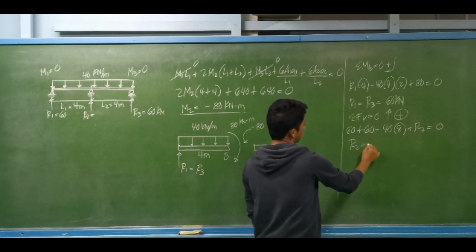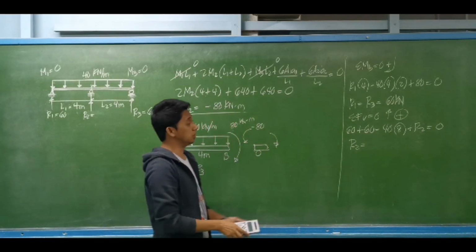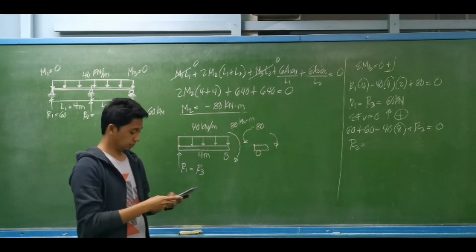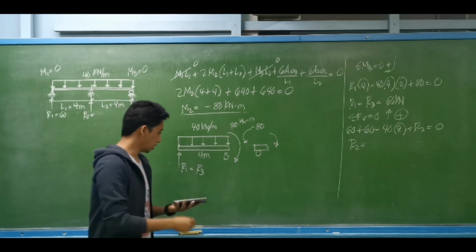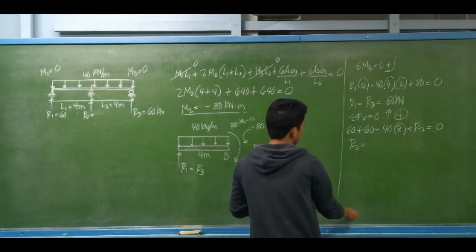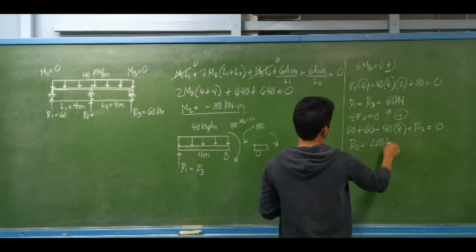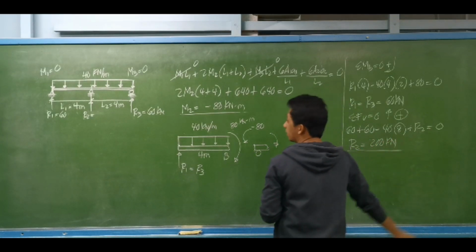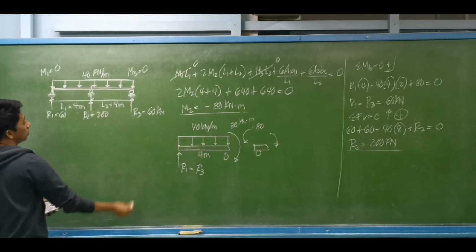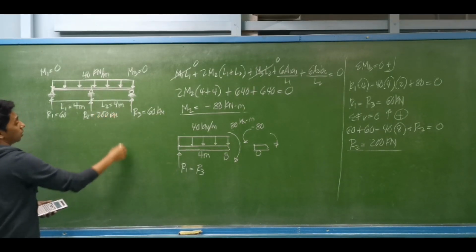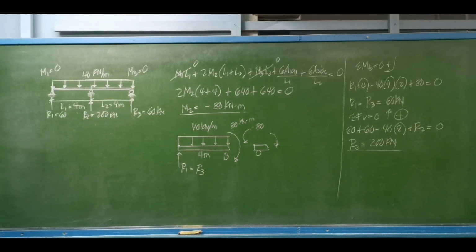Computing for the support reaction on the middle support, R2 is equal to 200 kilonewtons. So we have now the support reactions, and we can now draw the detailed shear and moment diagram.